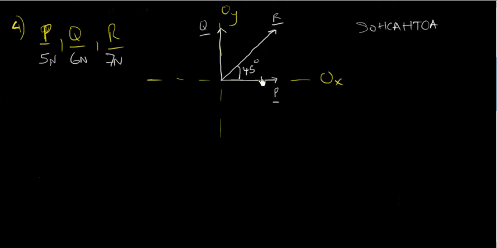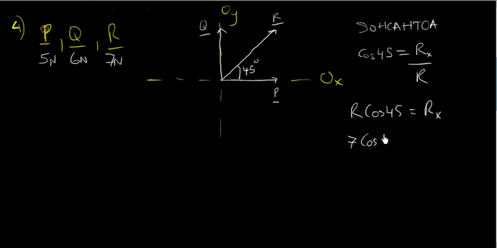So cos 45 is equal to the adjacent over hypotenuse, so that's the x component of R, which I'm going to call Rx, divided by the hypotenuse, the full R. Multiplying both sides by R, we get R cos 45 equals Rx, and since R is 7, 7 cos 45 equals Rx. 7 times cos 45 is 4.9497. If we need to use this answer again, we need to use the full answer.